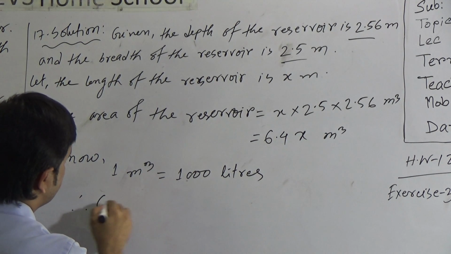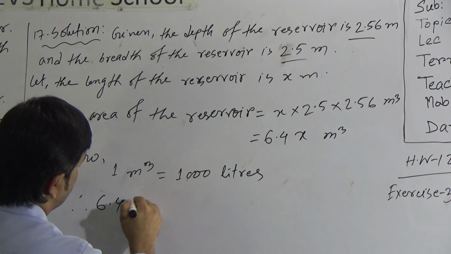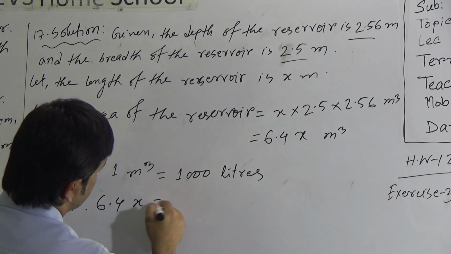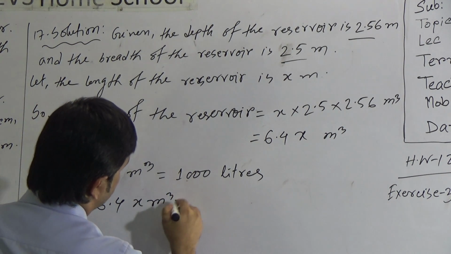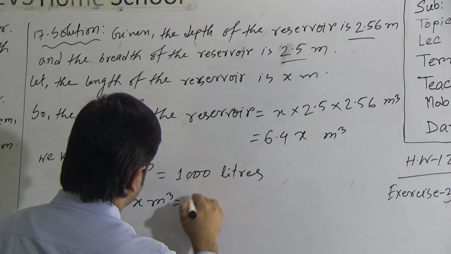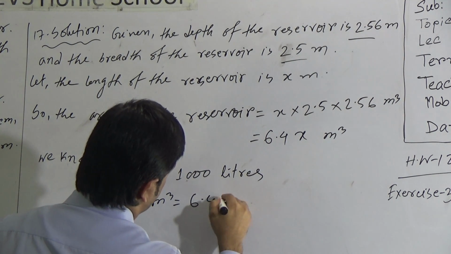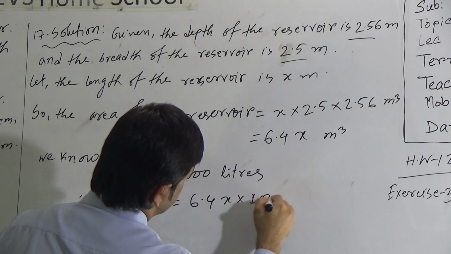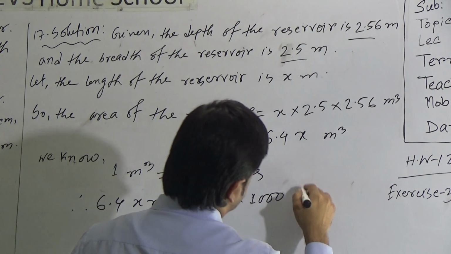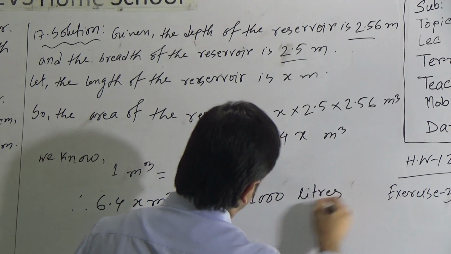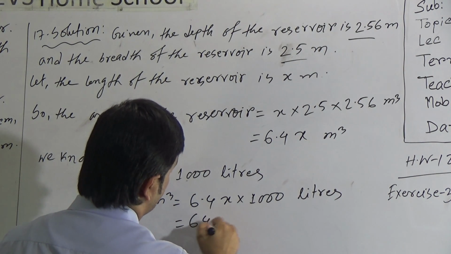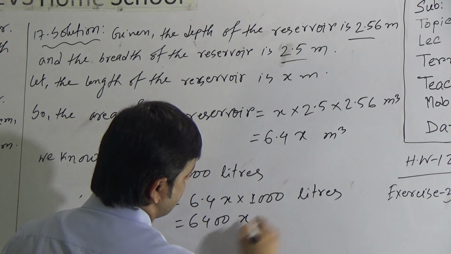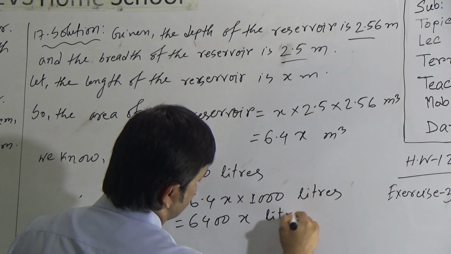Therefore 6.4 into x cubic meter will be equal to, we have to multiply 6.4 x into 1000. This will be liters. So if we multiply now, it will be 6400 into x liters.